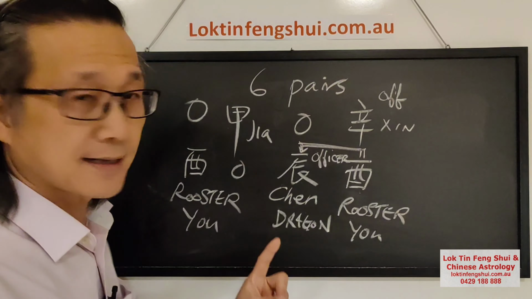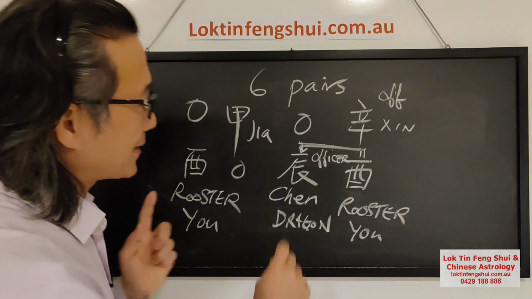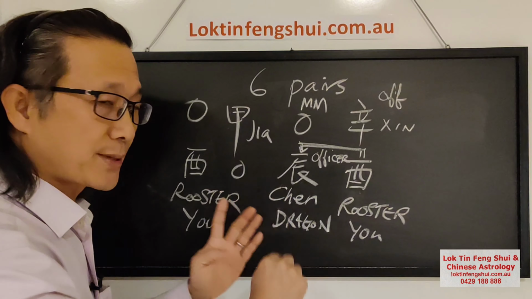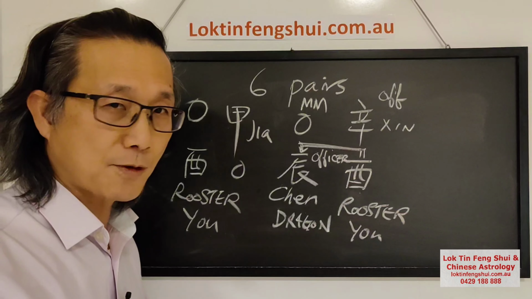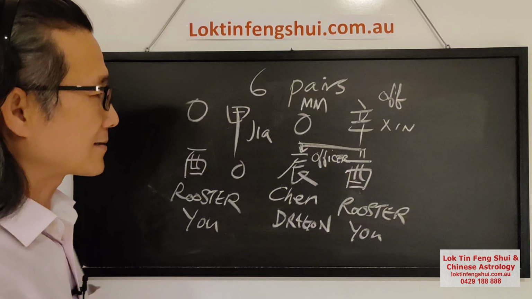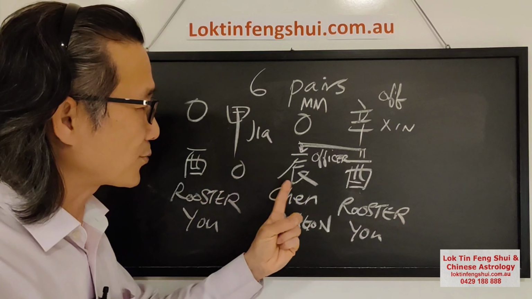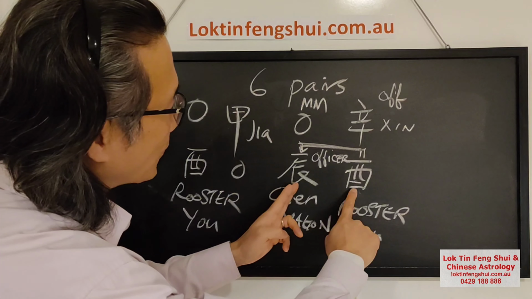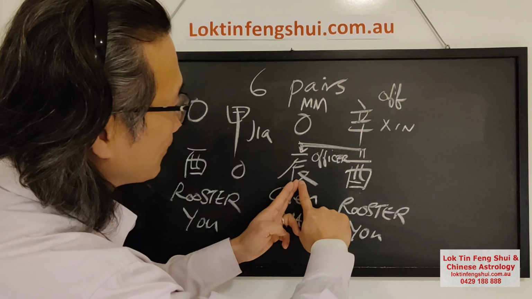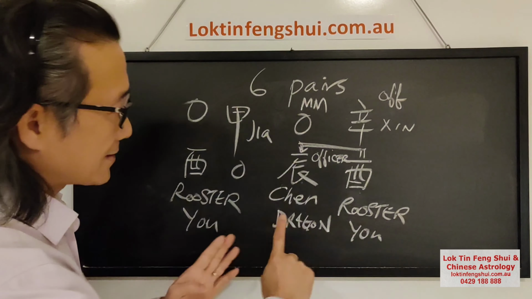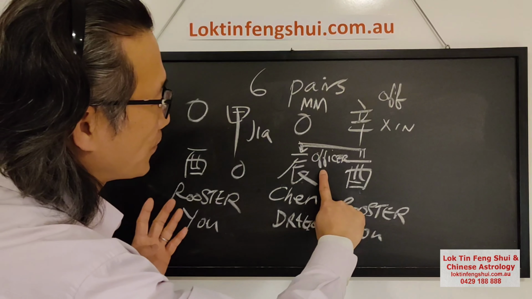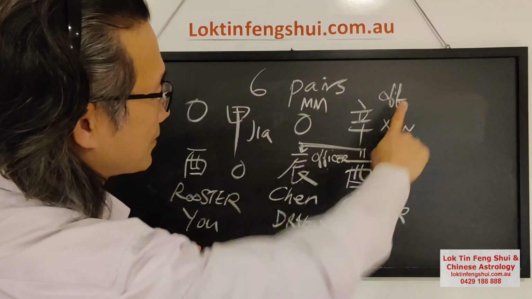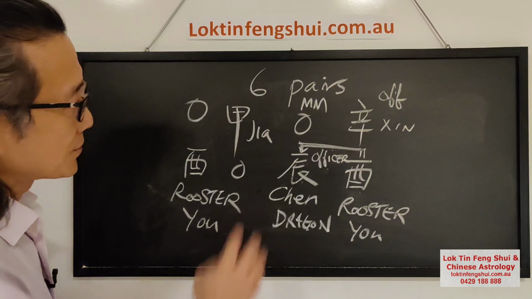However, we need to look at the month pillar as well. The month pillar decides whether it allows the transformation or not. The final say is down to the month pillar, because the month pillar is the season. In this case it transforms into metal officer, so that's one officer, two officers, three officers here.